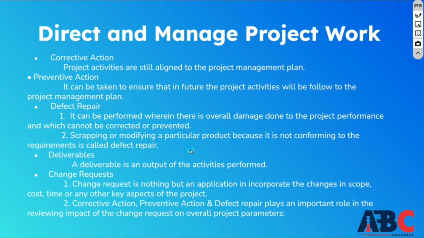After that, third comes your defect repair. What is defect repair? It is performed when there are some defects in your project and it is not possible to replace or prevent them. So we call it defect repair. This is damage in the project, or a deviation from the project performance or its requirements, which is found and cannot be prevented.